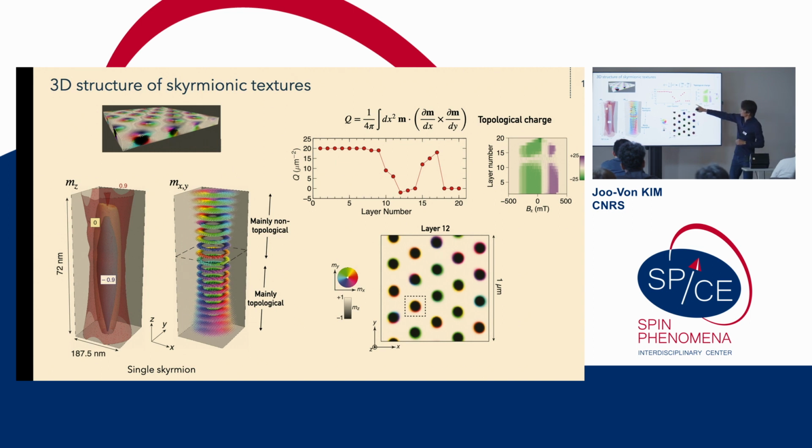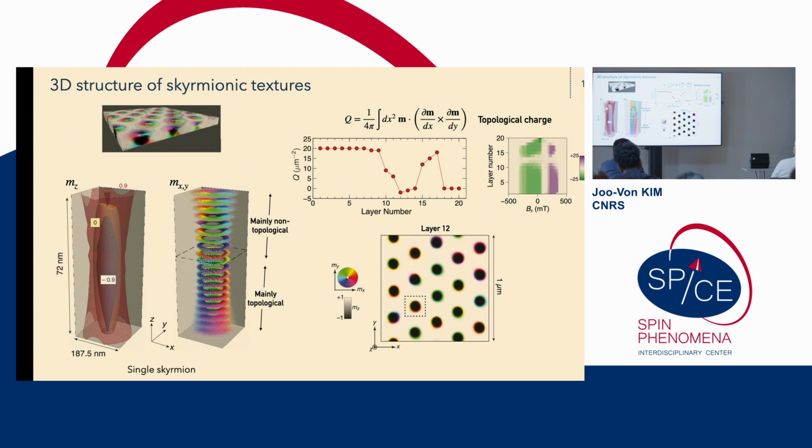And you can see this if you do a layer-resolved topological charge count. On the bottom, you have something like 20 per square micron. And as you go onto the top half, this number goes down and it fluctuates a little. And this seems to be a general feature of these material systems.